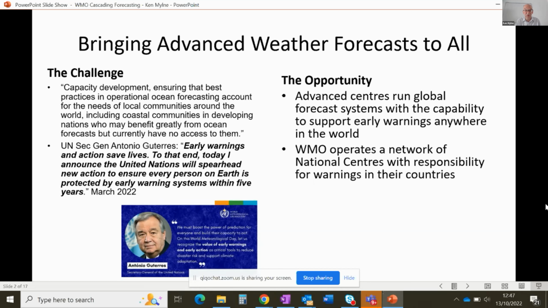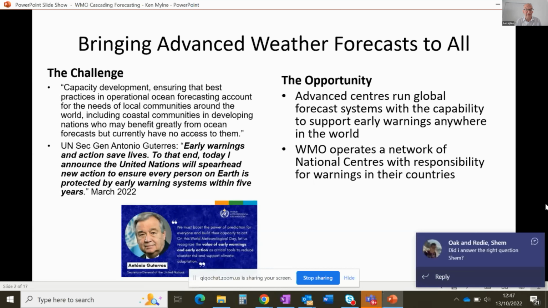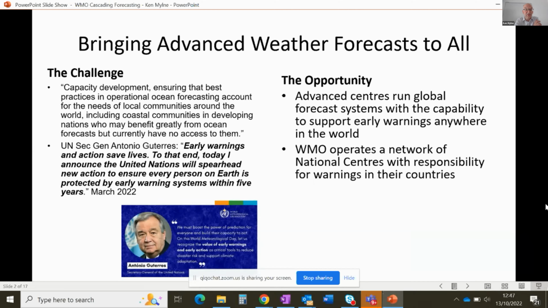This has been brought to light particularly this year when the UN Secretary General, Antonio Guterres, issued a challenge to the world, or to WMO, that early warnings and action save lives. To that end, he announced that the United Nations will spearhead new action to ensure every person on Earth is protected by early warning systems within 5 years. And that's a challenge to the World Meteorological Organization.